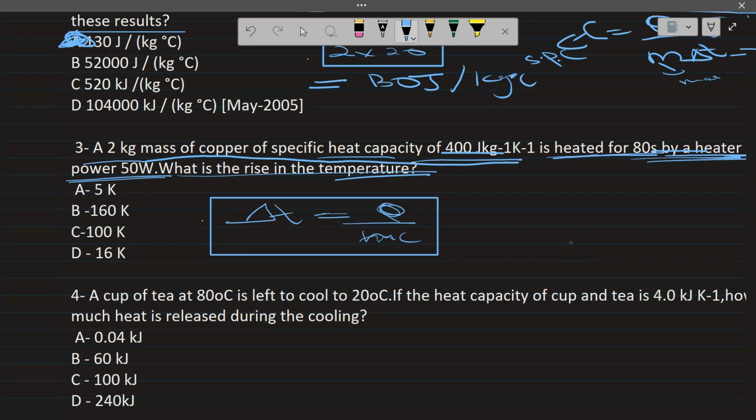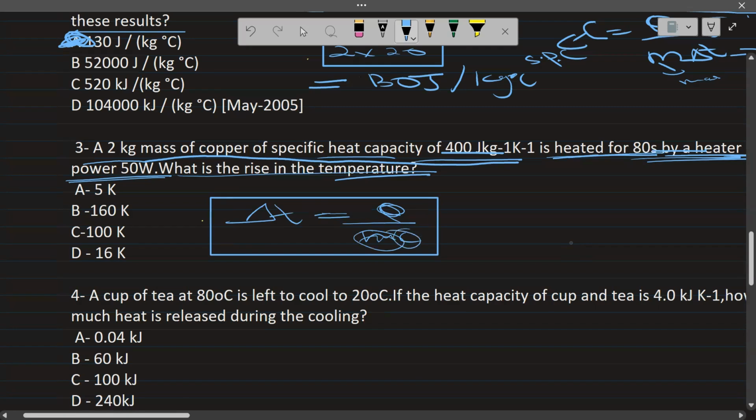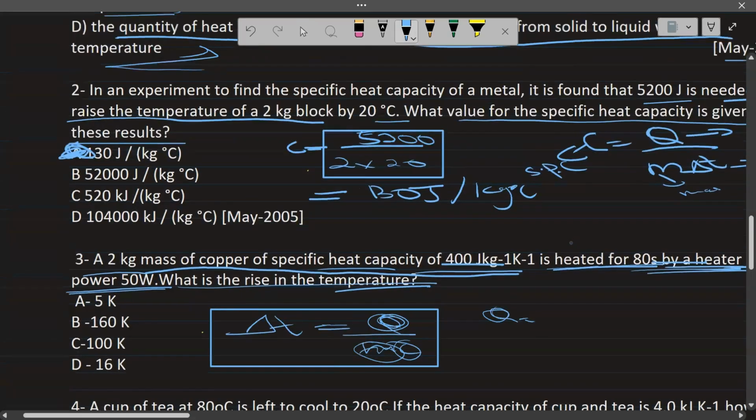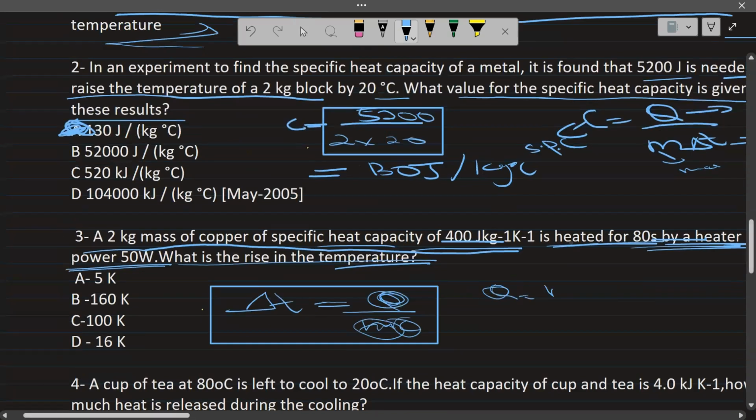Now we don't know Q, because we know mass, we know C, the specific heat capacity, but we don't know Q. But we have a formula for Q, right? Q is equal to MC delta T. But in this, we don't know delta T, right? So we can't use this formula.